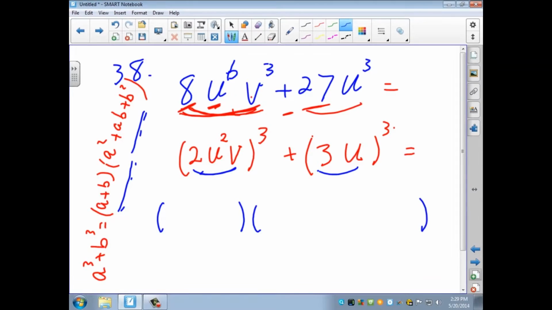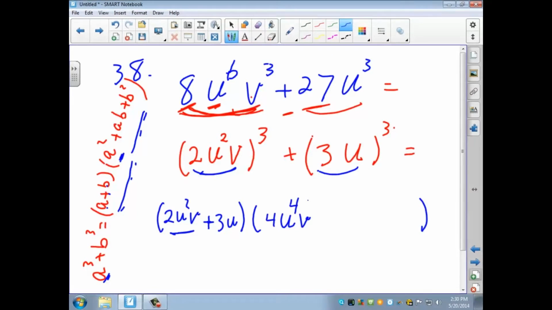Okay. Now, where you had a to the third, you write a. Here you have 2u squared v to the third, so you write 2u squared v. Then you have a plus, put a plus. B is this one, 3u. Then in the second part, it says a squared. Now you have to square this. 2u squared v, when you square it, would be 4u to the fourth, v to the second.